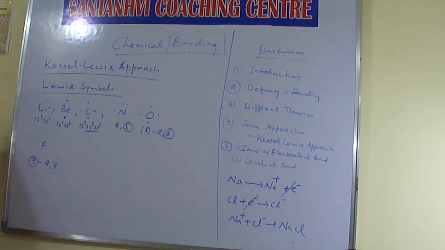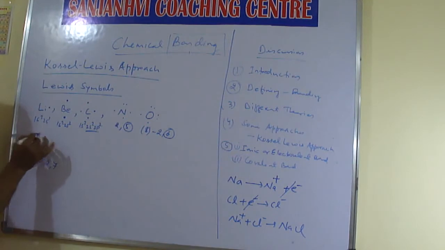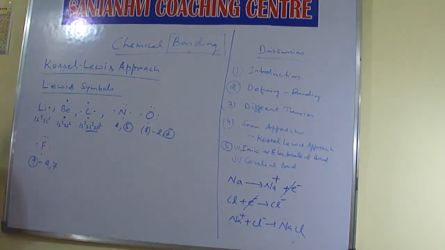Once it is 7, how will we arrange them? Again 1, 2, 3 and 4, then 3 more are there, 5, 6, 7. One electron is left.